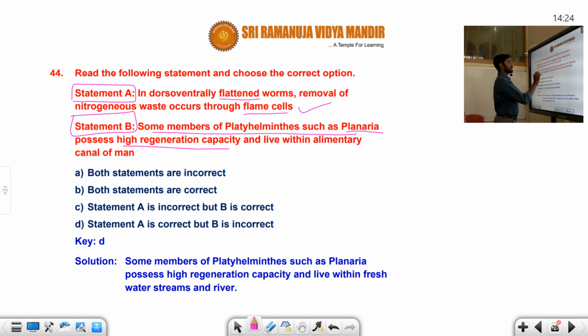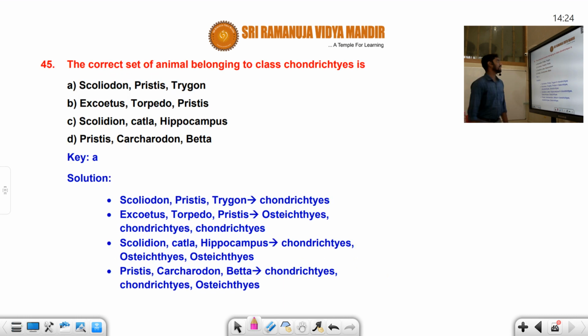I hope you understand this. Next, the last question. The correct set of animals belonging to the class Chondrichthyes is: Scoliodon, Pristis, Trygon belong to Chondrichthyes, and Exocoetus, Torpedo and Pristis. Another option is Scoliodon, Catla, Hippocampus, Osteichthyes and Chondrichthyes.